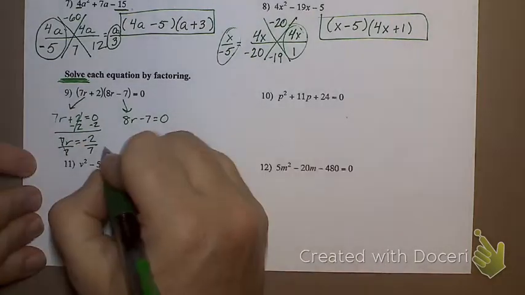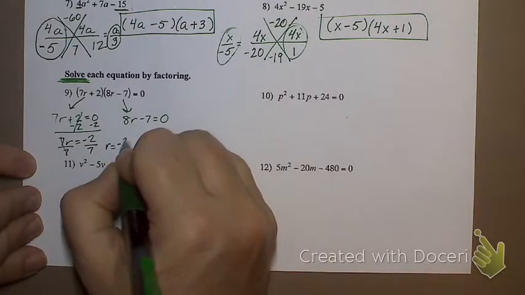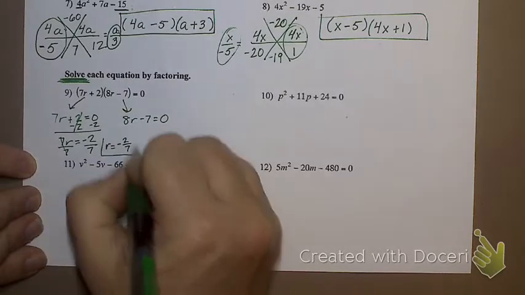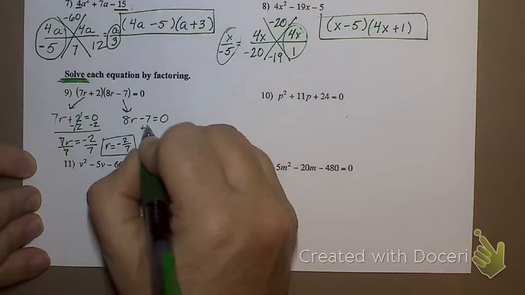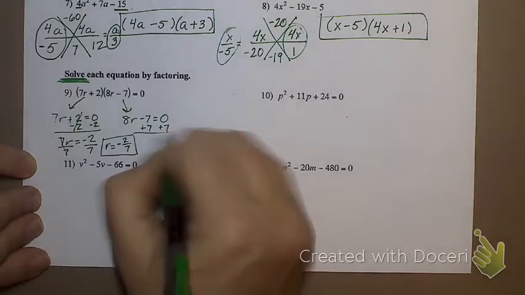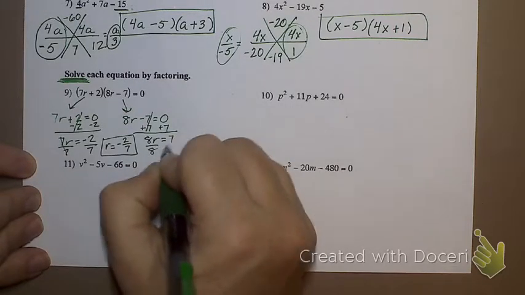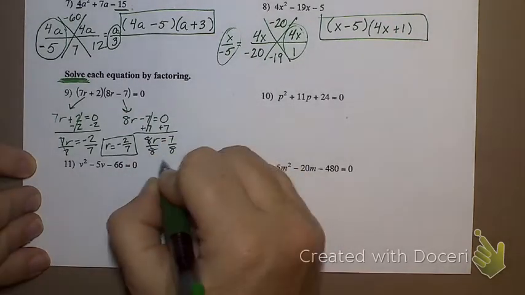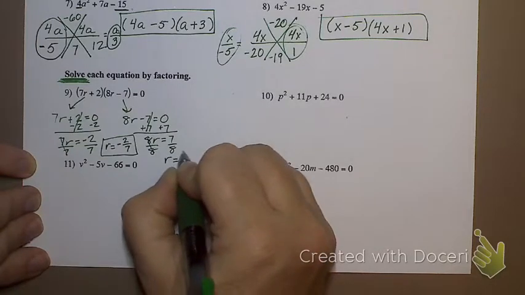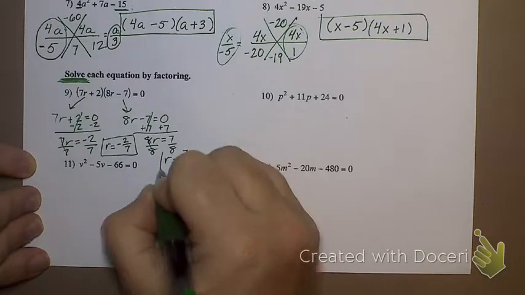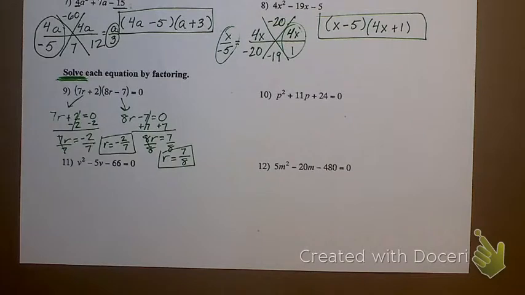And my first answer is r equals negative 2/7. My second answer, I would add 7. That leaves me with 8r equals 7. Divide by 8. And my next answer is r equals 7/8. So this is where you go all the way down to get your two answers. So after you factor, you have to go that extra step.